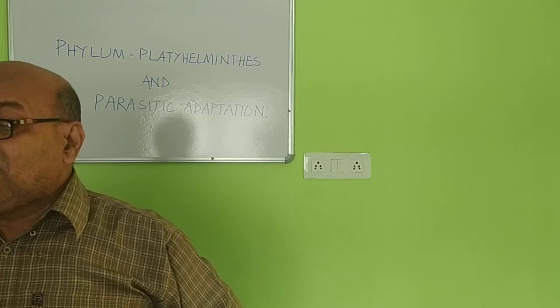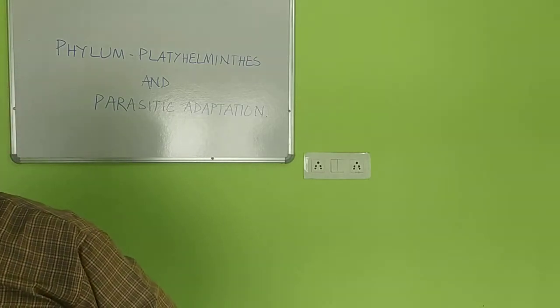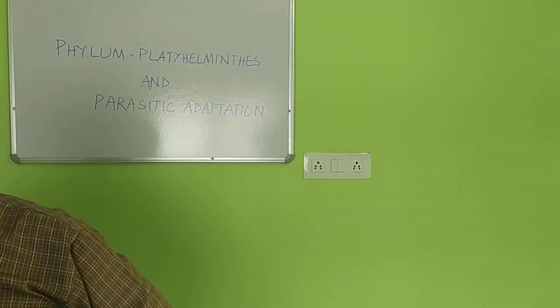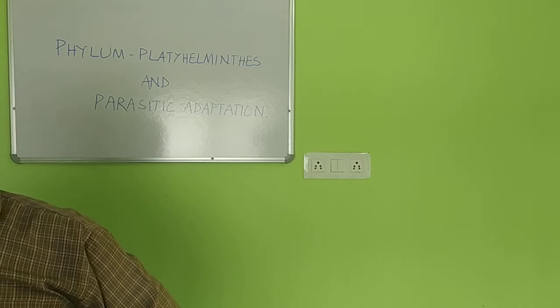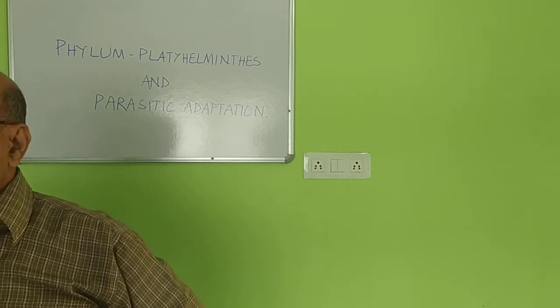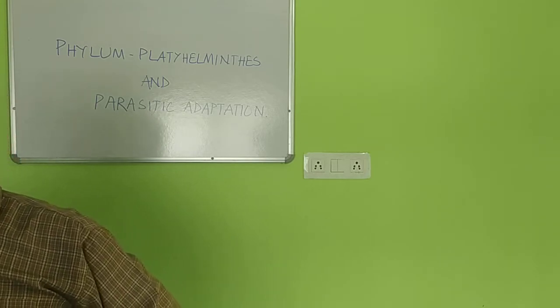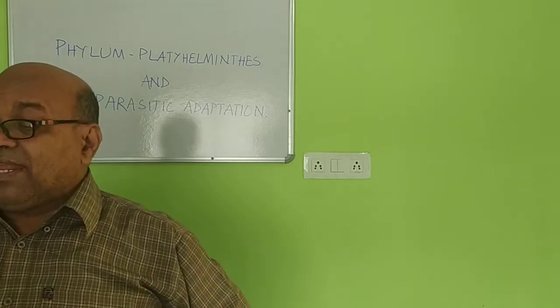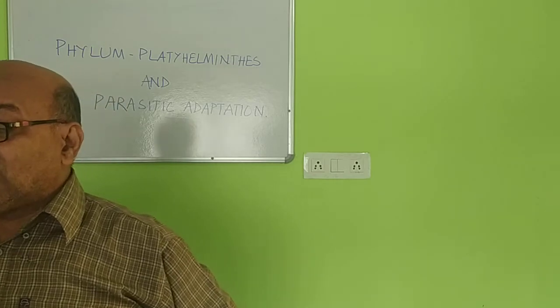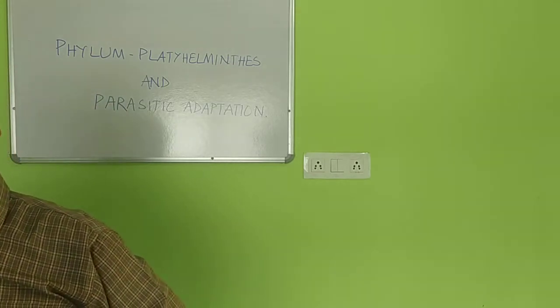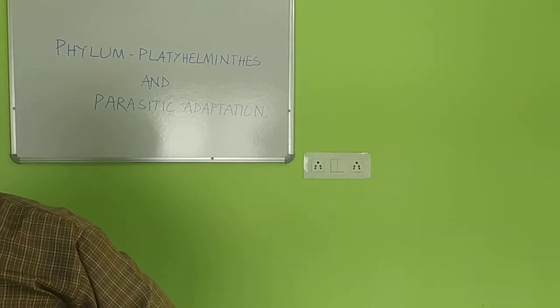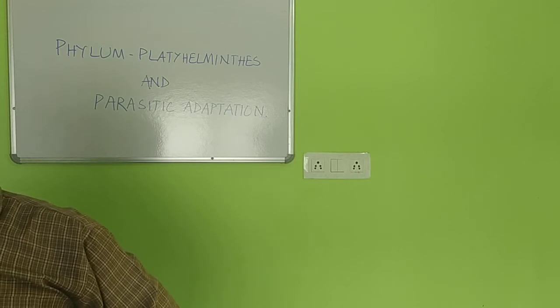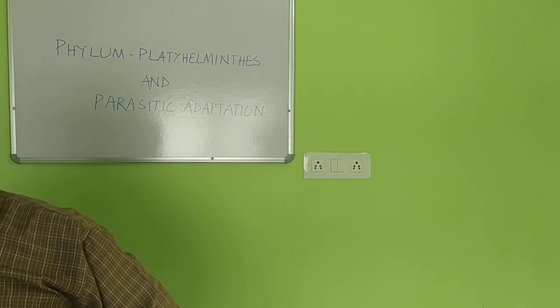Second, locomotor organs are absent, but attachment organs such as suckers and hooks may be found. The body is covered by a thick protective covering of cuticle. Fourth, the body is triploblastic, made up of three primary germ layers: ectoderm, mesoderm, and endoderm.